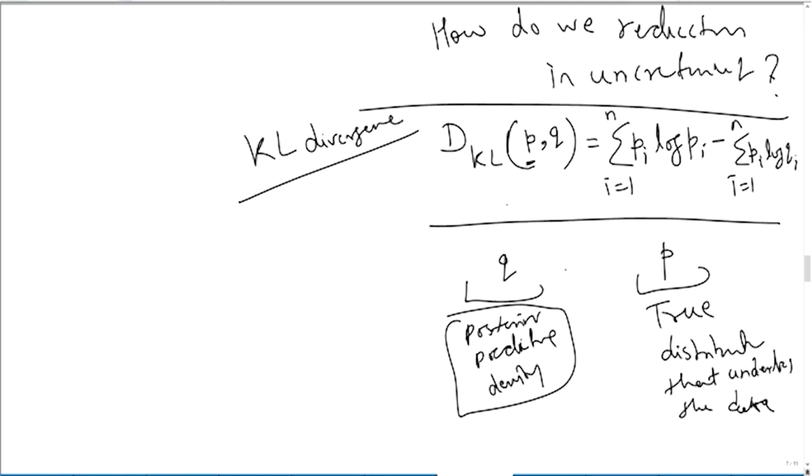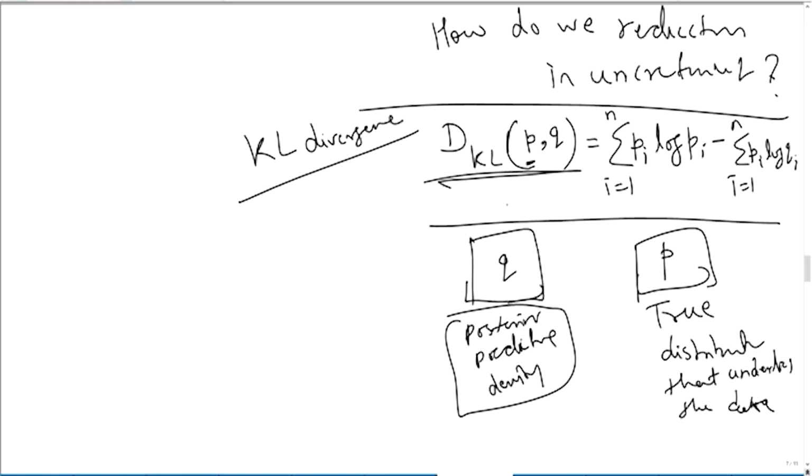So if your model is really good at predicting the true distribution of the data, then this distance between P and Q would be small, right? So the KL divergence actually gives you how far this true distribution P is from your model Q.